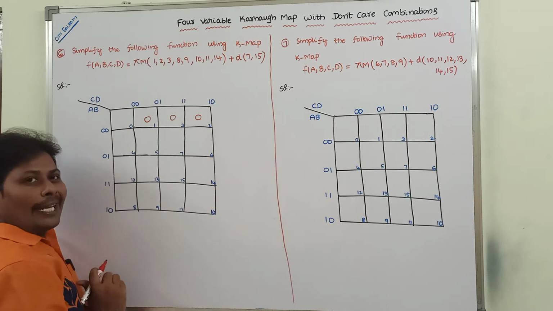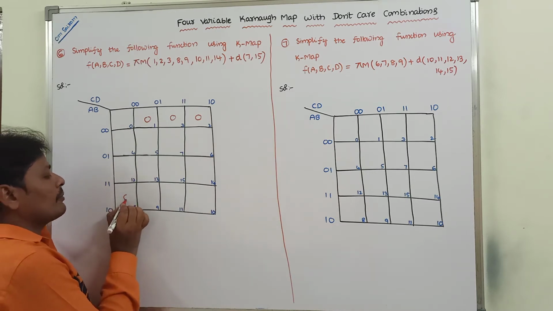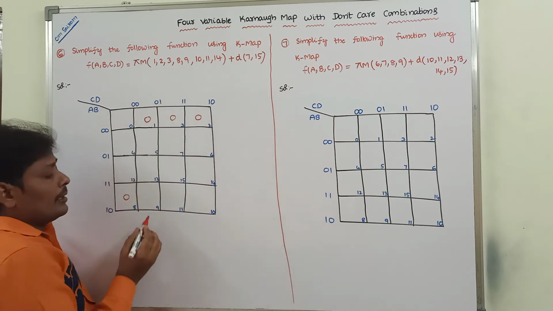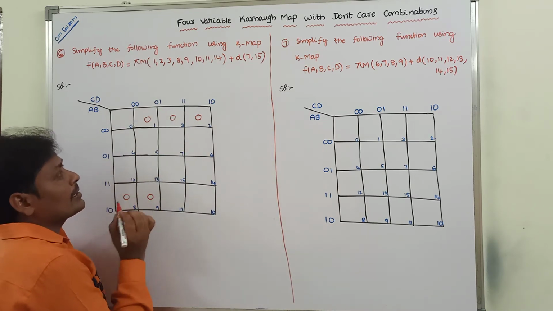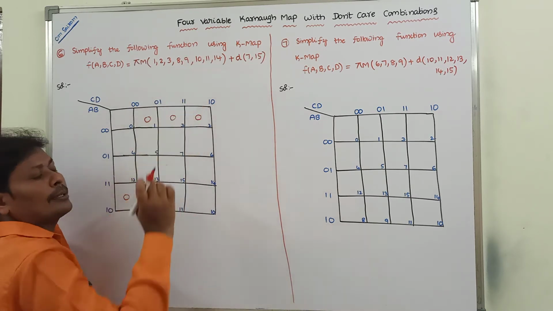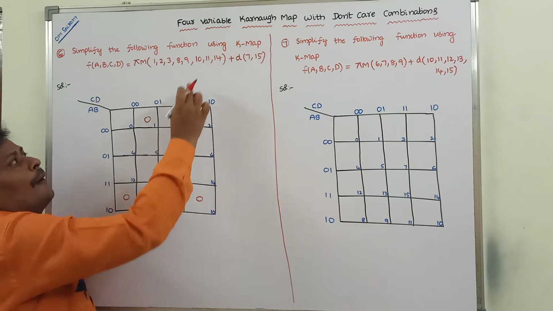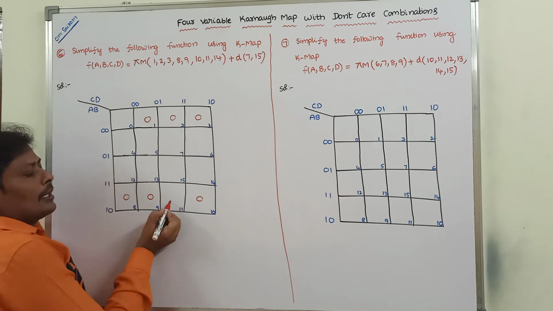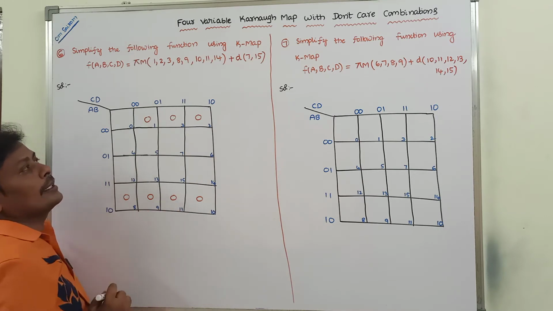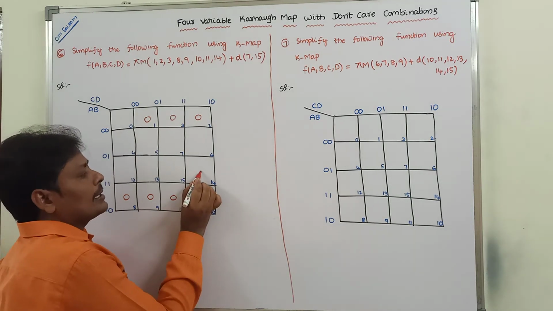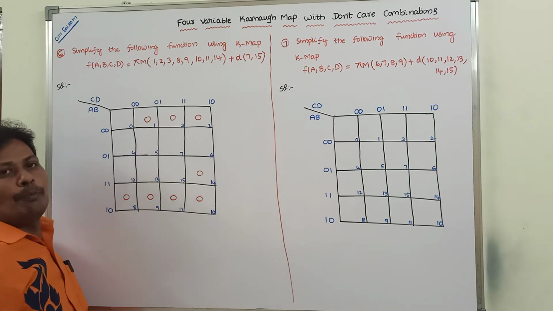Max term 8, this one, I am inserting 0. Max term 9, this one, 0. Max term 10, this one, 0. Max term 11, this one, 0. Max term 14, the corresponding cell is this one, I am inserting 0.